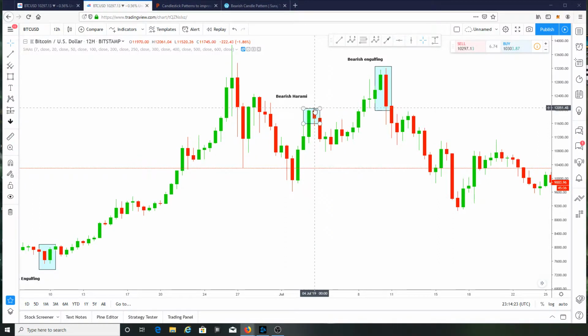This pattern in particular shows indecision on the part of the buyers. Now, if the price continued higher afterward, it may still be well with the uptrend, but a down candle following this pattern would indicate further slides. So that's what we see here.